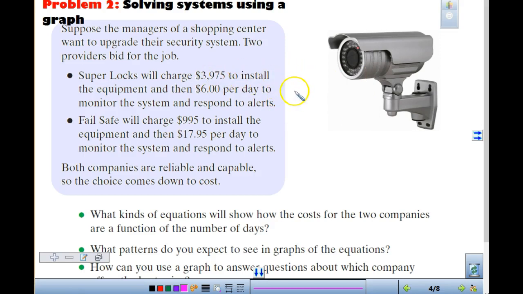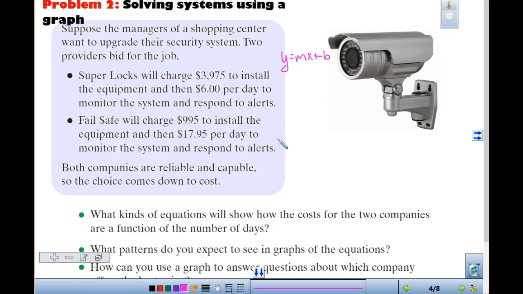Superlock will charge $3,975 to install the equipment and then $6 per day to monitor the system and respond to alerts. Failsafe will charge $995 to install the equipment and then $17.95 per day to monitor the system and respond to alerts. Both companies are reliable and capable, so the choice comes down to cost.